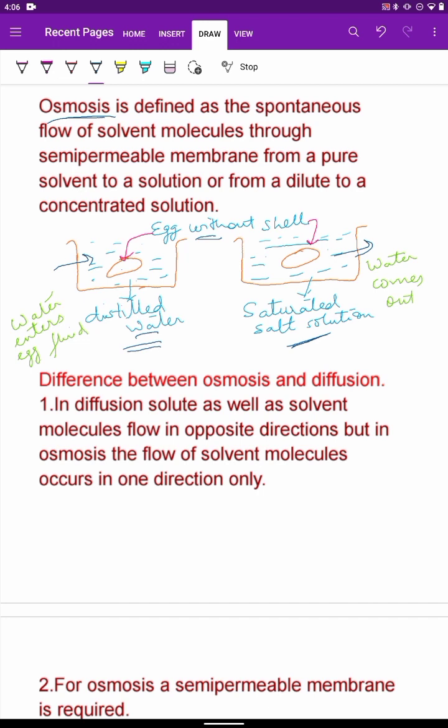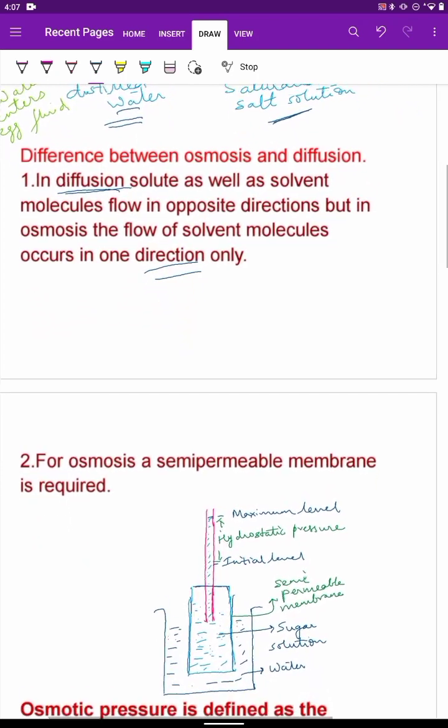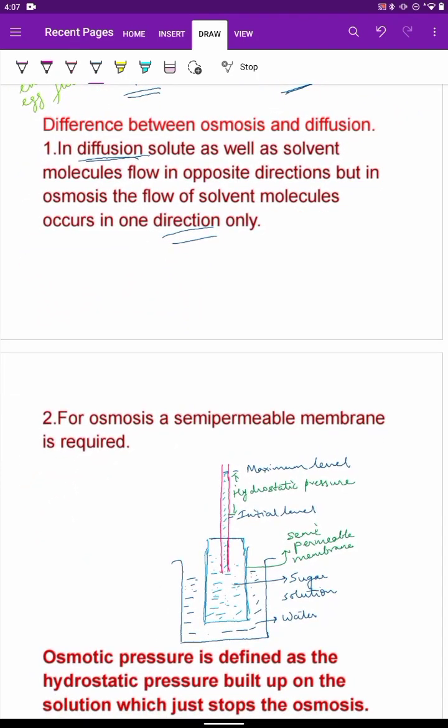Then we call it diffusion. But in case of osmosis, there is flow of solvent molecules in one direction only. So this is one major difference between osmosis and diffusion. The second important difference is that in osmosis, a semi-permeable membrane is required.